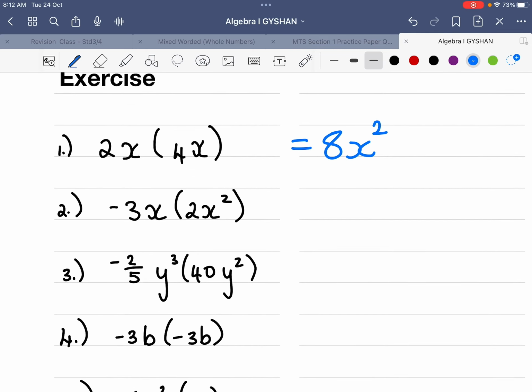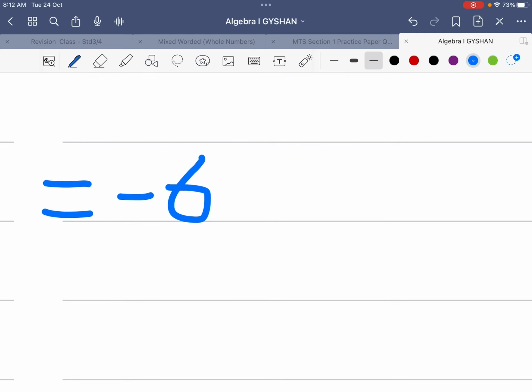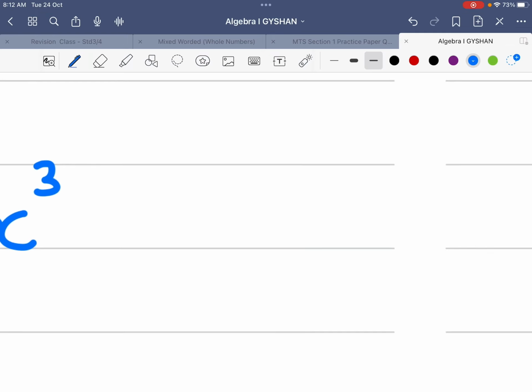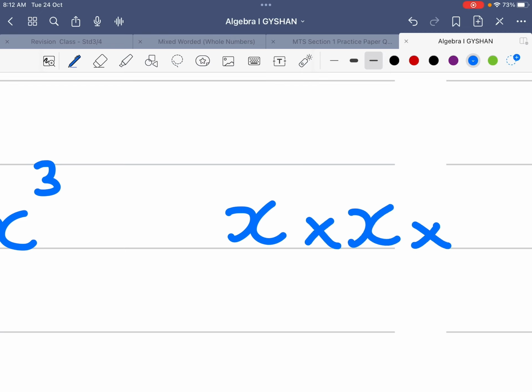Number 2. A negative number by a positive number is a negative number. 3 multiplied by 2 is 6. And x multiplied by x squared is x cubed. Alright, let's make sure we understand that. X multiplied by x squared is simply x times x.